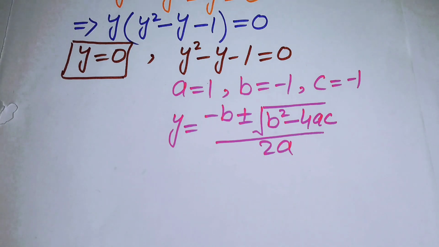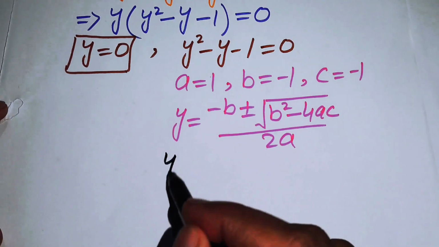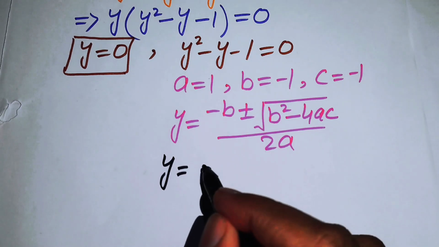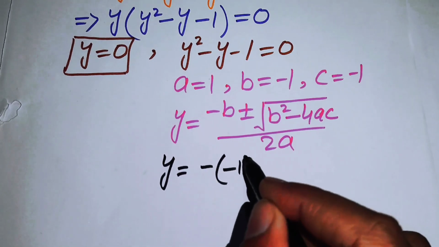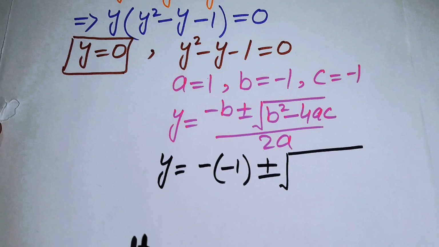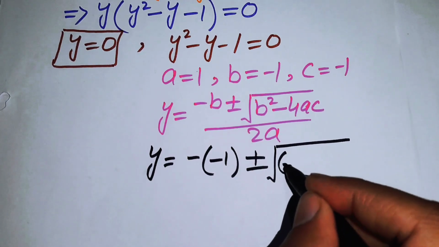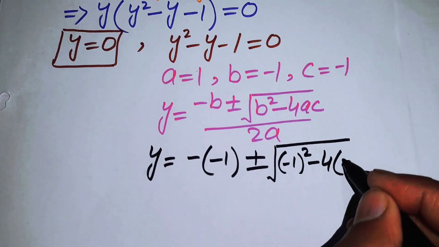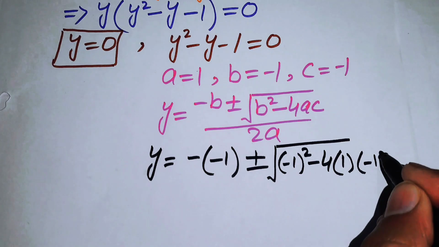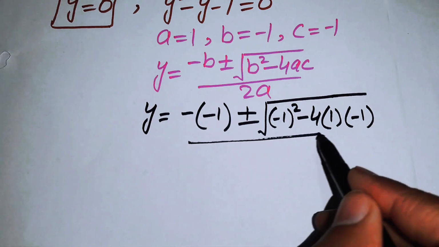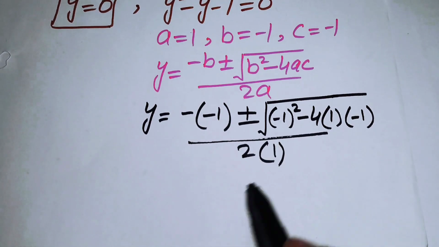And now we plug the values of a, b and c here, and we get y equals, the value of b is minus 1, so we substitute here, and you get minus of minus 1 plus minus square root of b squared, which is minus 1 squared, minus 4 times a is 1, and c is minus 1, and this whole over 2 times a is 1.